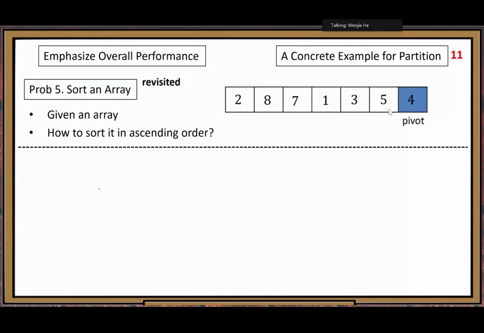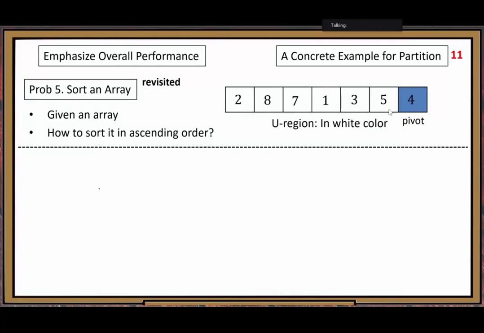Because if 1 is there or 8 is there, that's a very poor worst case situation. It cannot avoid it. But for the general case, it's pretty good.